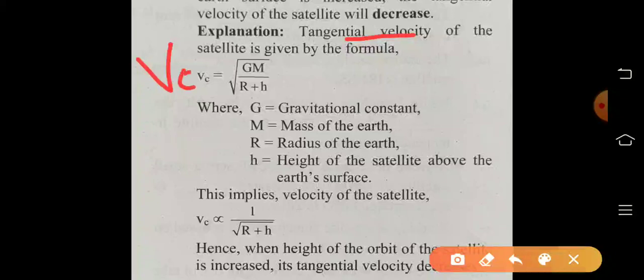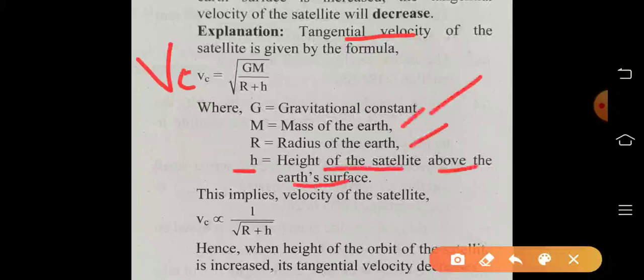Why are we adding plus h? Because the height is increased, as given in the question. Here capital G means the gravitational constant, capital M means the mass of the earth, capital R means the radius of the earth, and small h means the height of the satellite above the earth's surface.